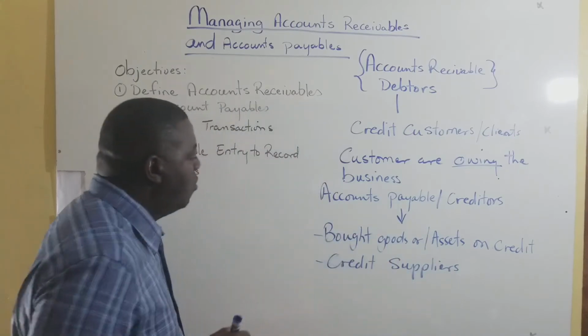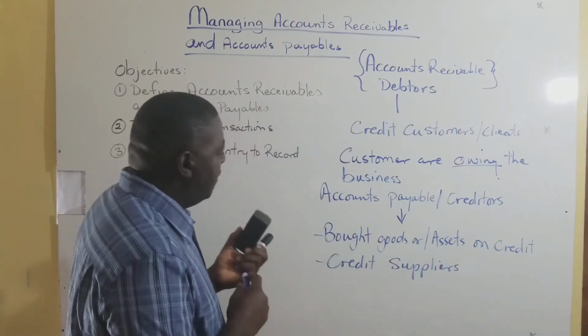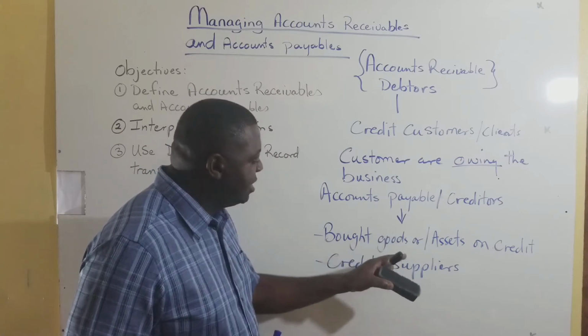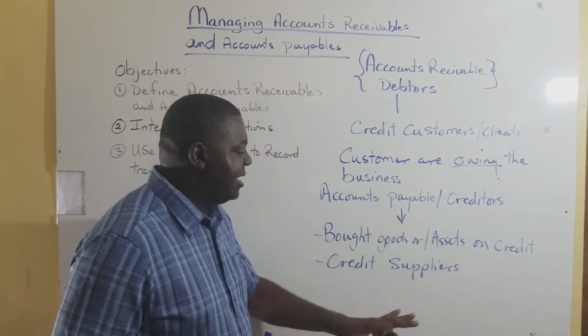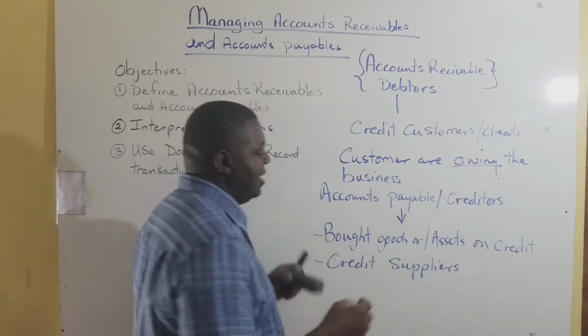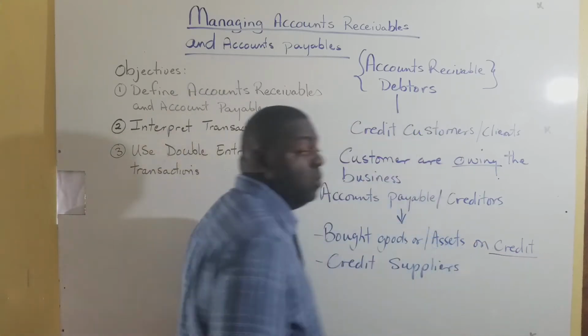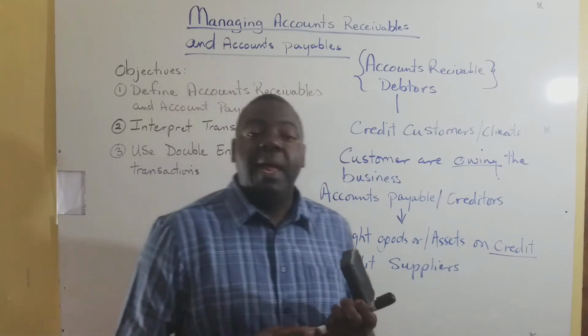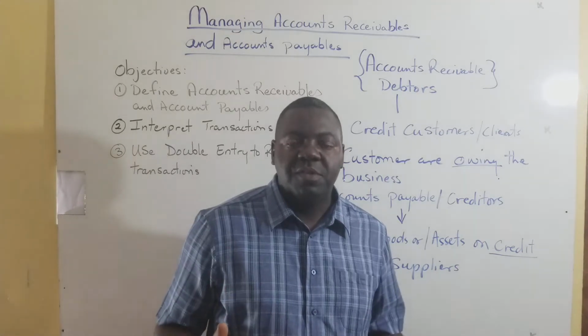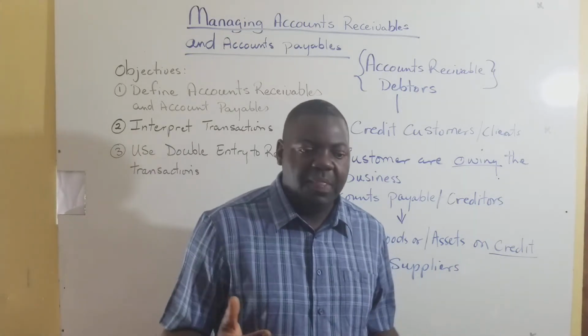So accounts payable relates to whenever we buy or bought goods or any other assets or services on credit. So really they are credit transactions, yes? So we get the supplies from them, and they will have given us some time to pay them.